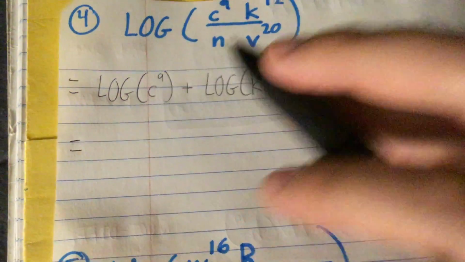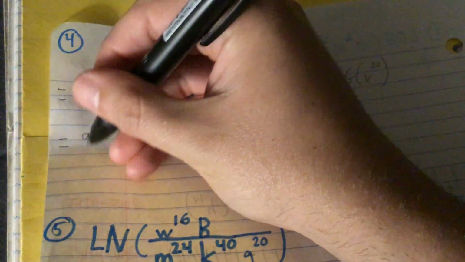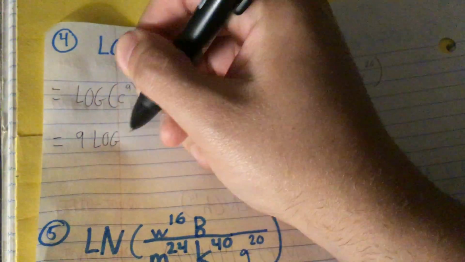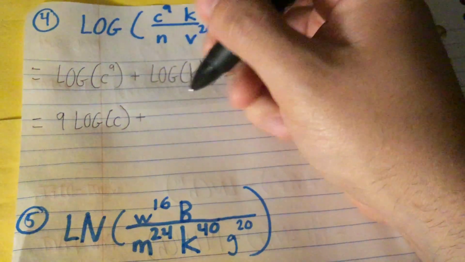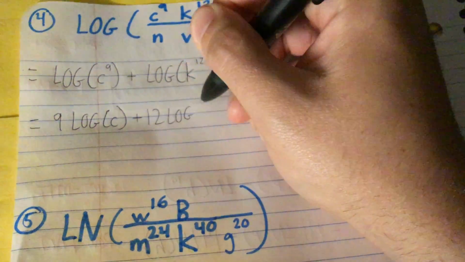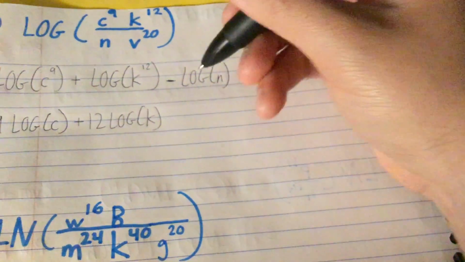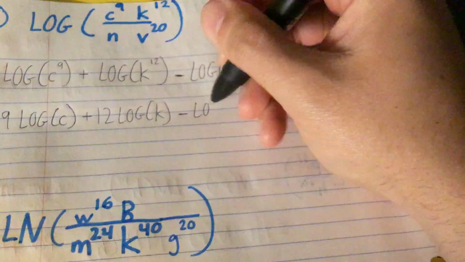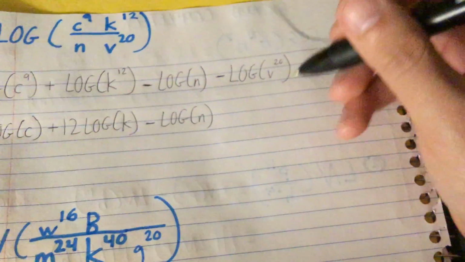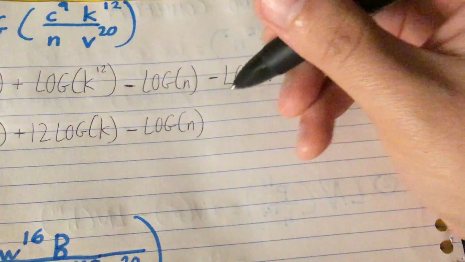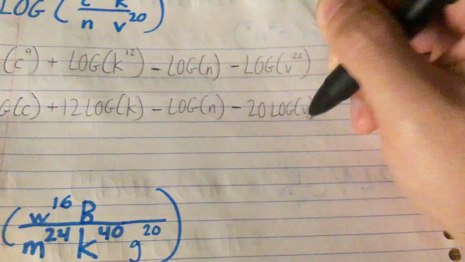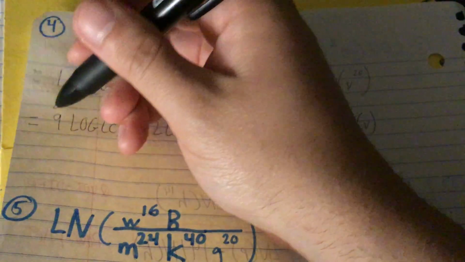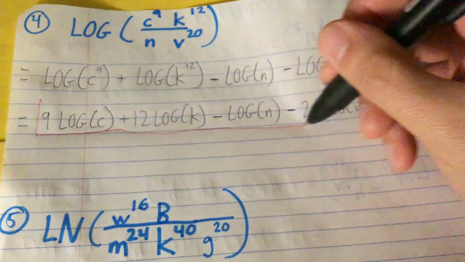So this becomes 9 log of c plus 12 log of k. Well, there's no exponent, I'm just going to leave this as minus log of n. And minus log of v to the 20th, well, that becomes minus 20 log of v. And that's fully expanded based on the power factor rule.